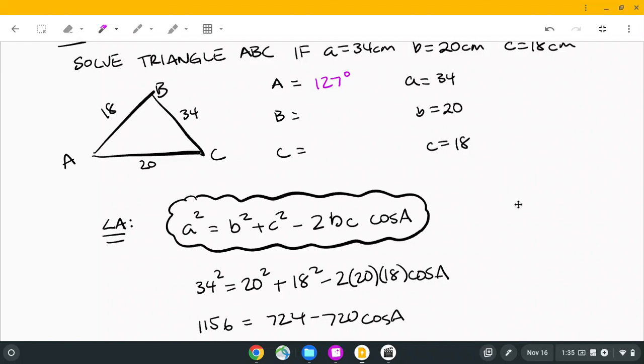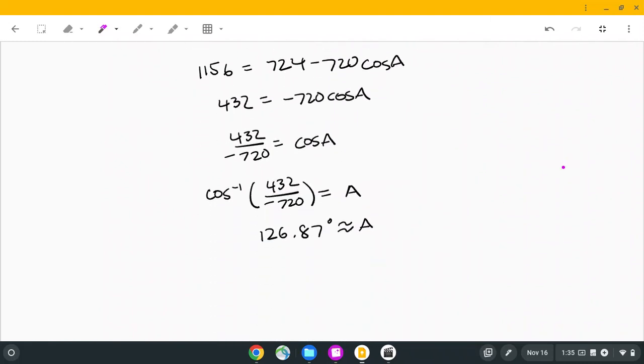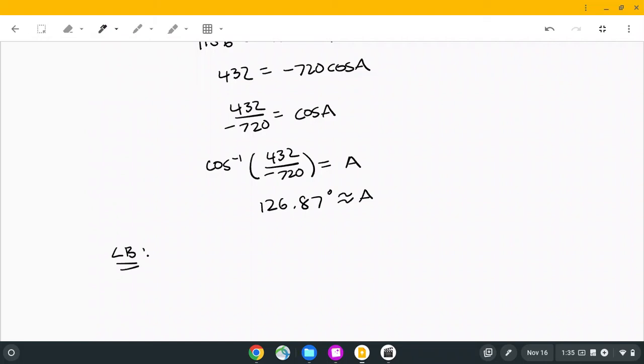Okay, and now, since I have my angle A and a side, I can use law of sines to get angle B. All right, so angle B, I can do sine B over 20 equals sine of 127 over 34.